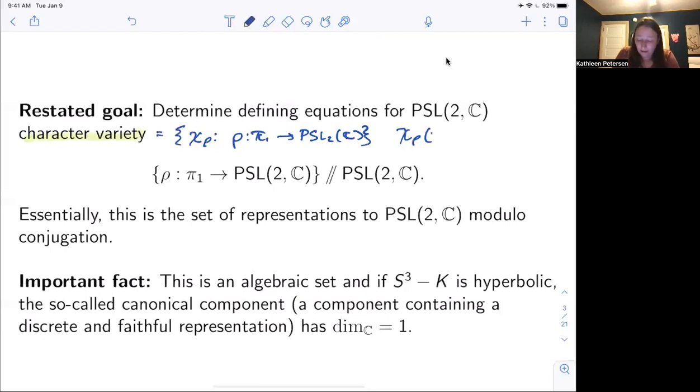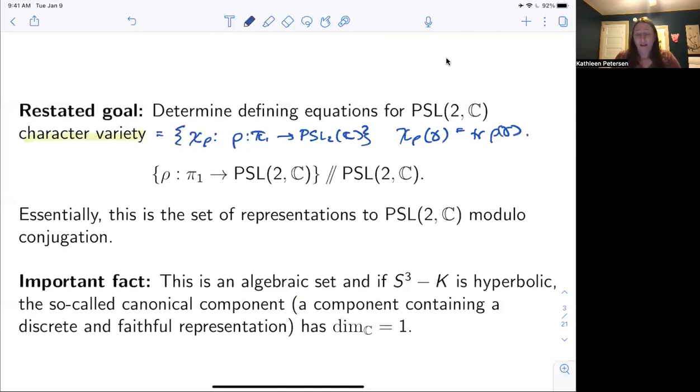It takes an element gamma in the fundamental group, and it's just the trace of rho of gamma. So we can think of what we're producing through this lens as well.